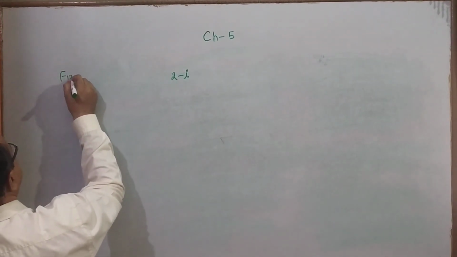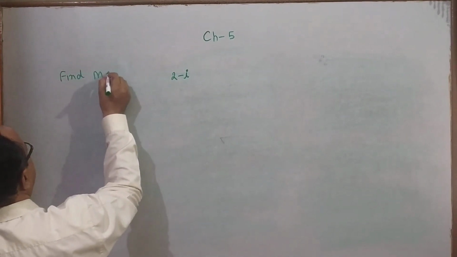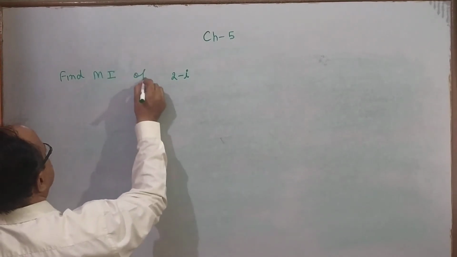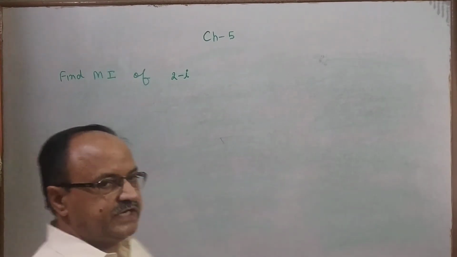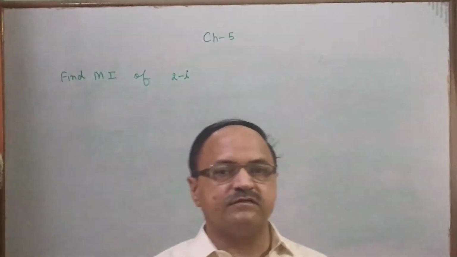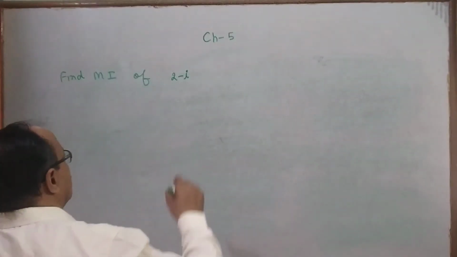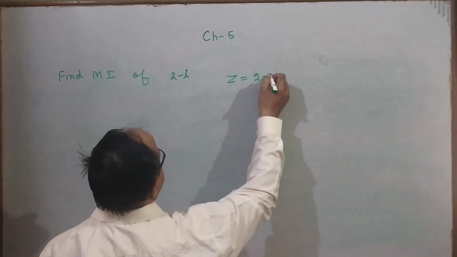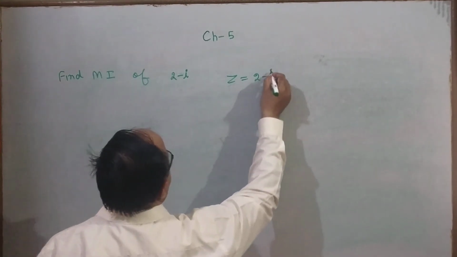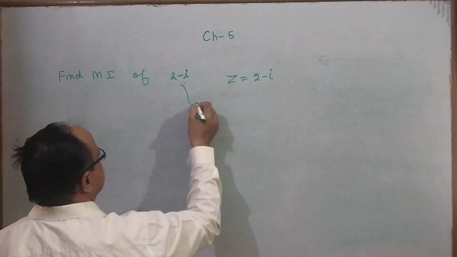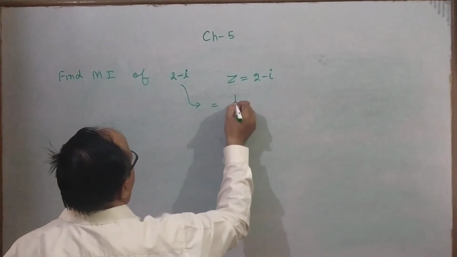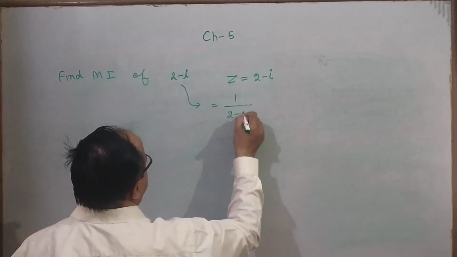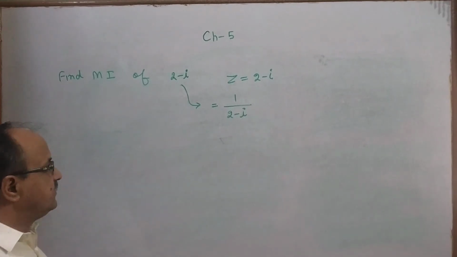Multiplicative inverse means the reciprocal of the complex number. You know that z is equal to 2 minus iota, and the multiplicative inverse of this is 1 upon 2 minus iota.